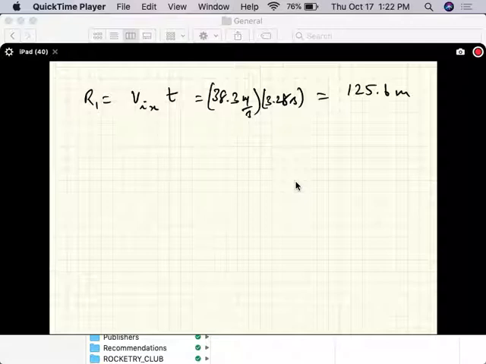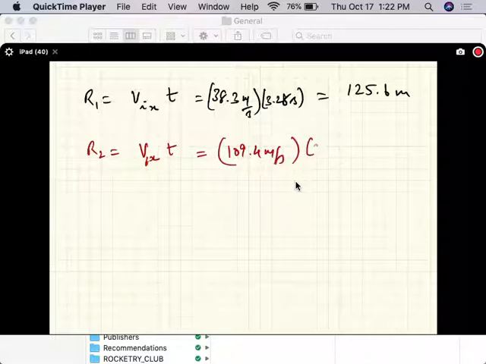So we will do R2 is V final x, 109.4 meters per second times 3.28 seconds.